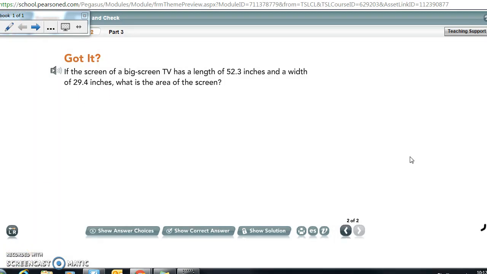For this one, they want to know that if a screen of a big screen TV has a length of 52.3 inches and a width of 29.4 inches, what is the area of the screen? So go ahead and try this one on your own. Okay, you know that area is equal to base times height.